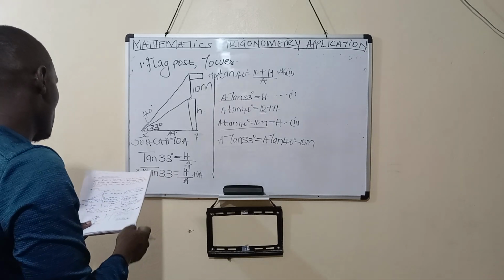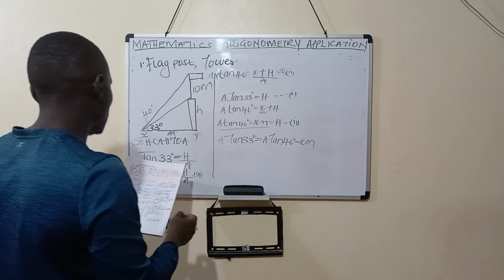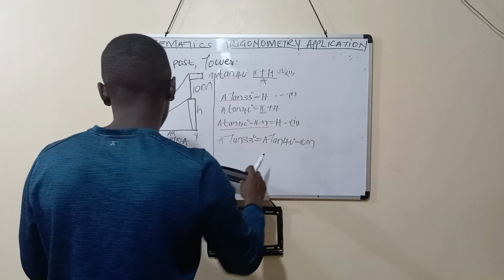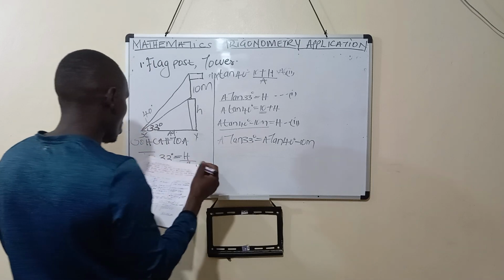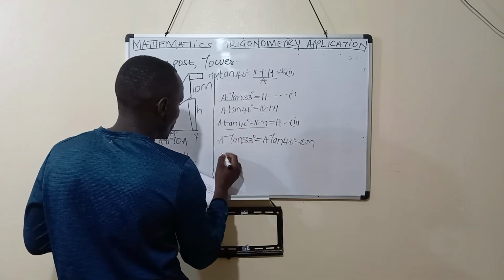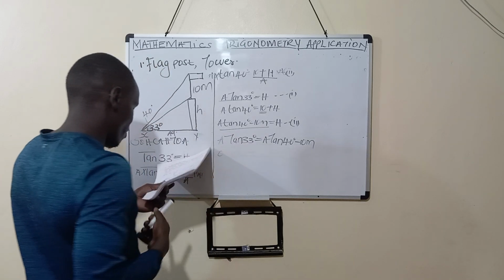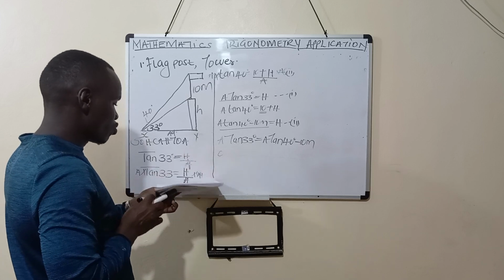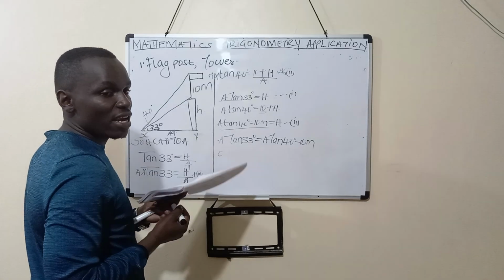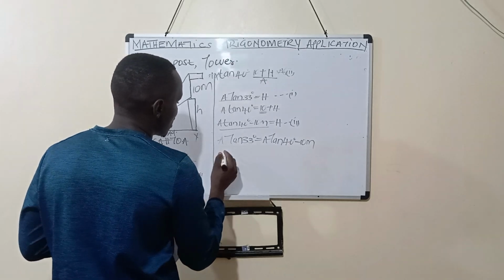So in this case, when we get the value of tan 33, the value of tan 33 is going to be 0.6494. Please confirm from your calculator.